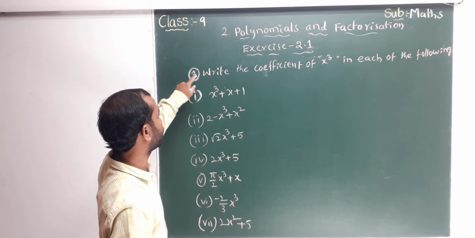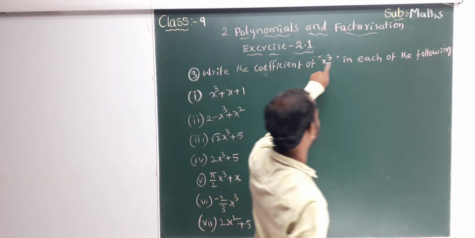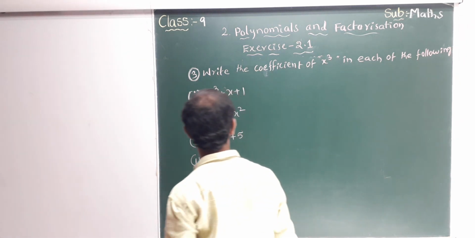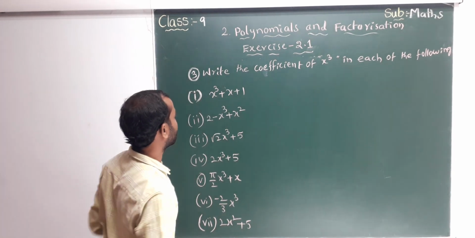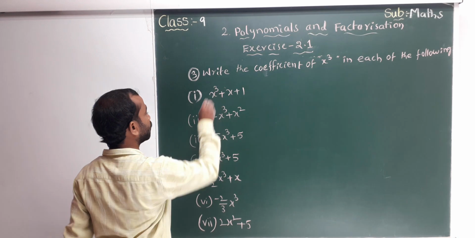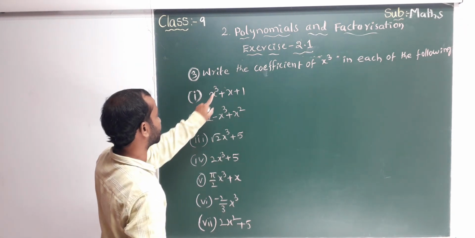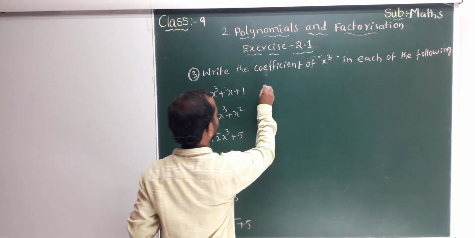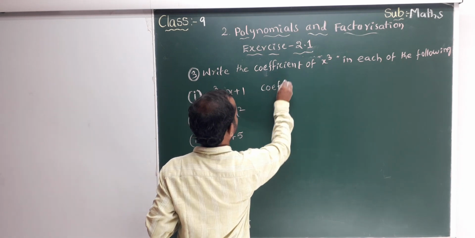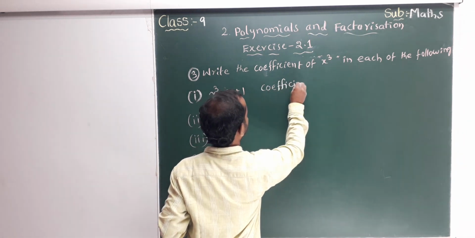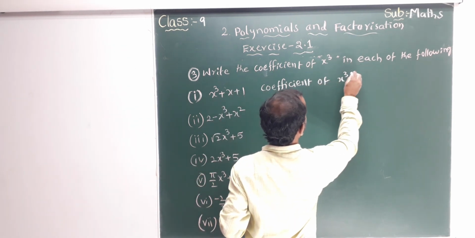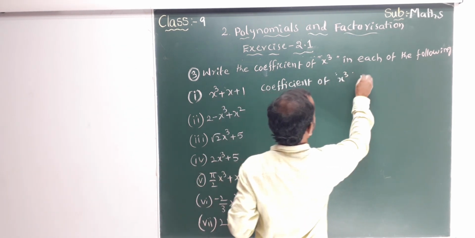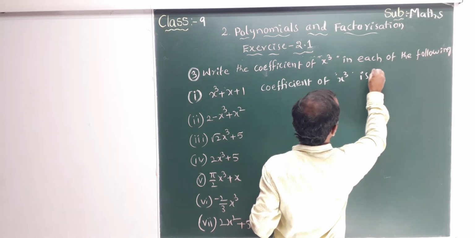Now, third problem. Write the coefficients of x cube in each of the following expressions. First problem: x cube plus x plus 1. Here 1 into x cube, so the coefficient of x cube is 1.